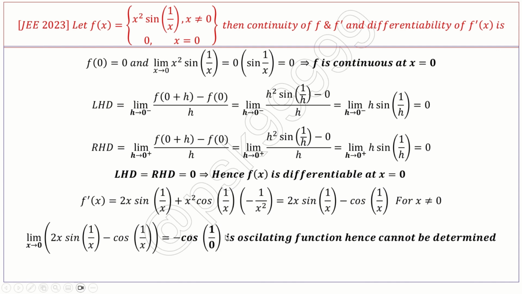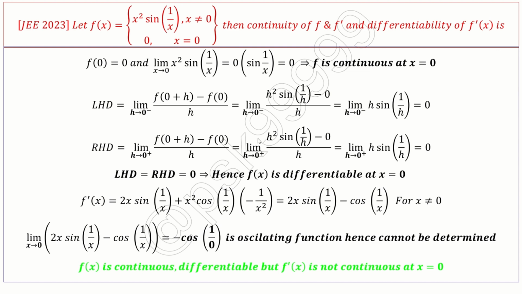So you cannot determine its value; between -1 and 1, I know, but I cannot tell what the value is, which means the limit does not exist, so f dash x is not continuous at x equal to 0. Not continuous, sorry, not differentiable also. If it is not continuous, it's not differentiable either, right? So that's the answer for this one.